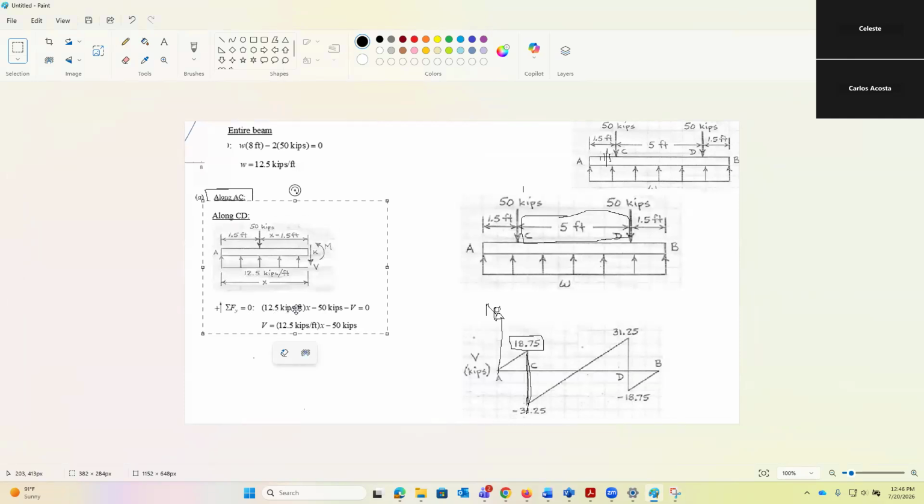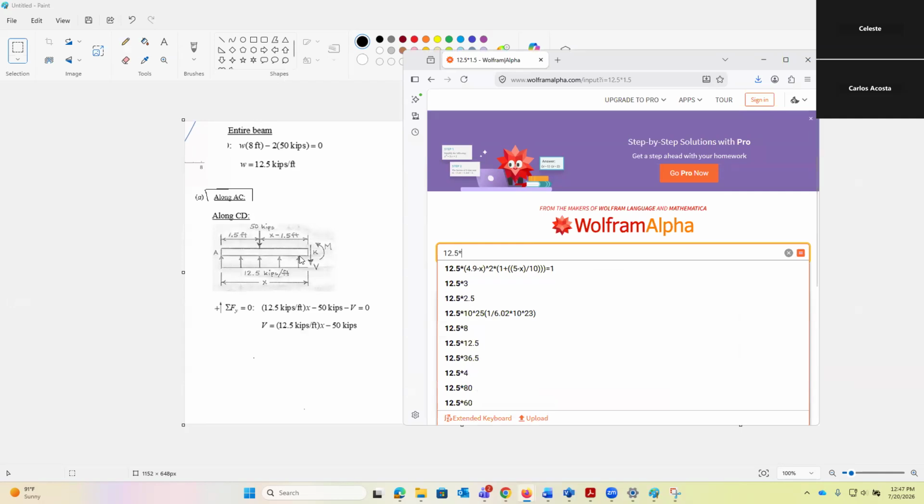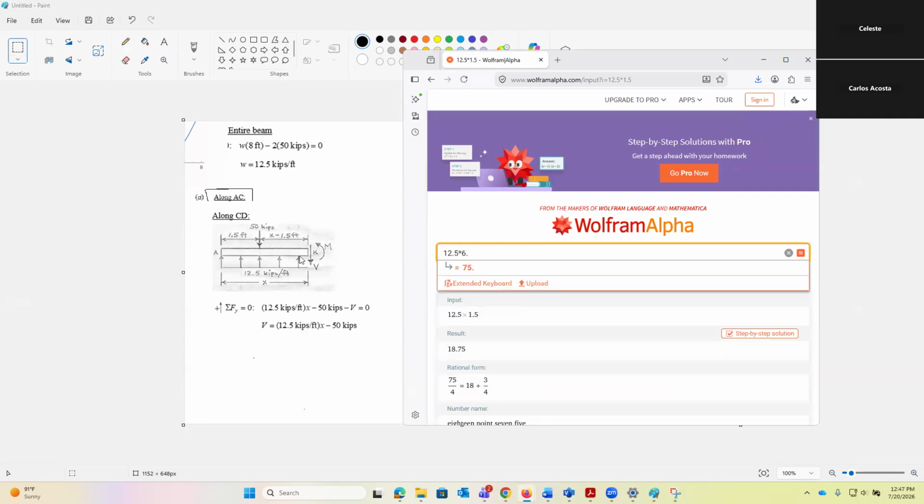It's 12.5, remember, this is the first part of it, minus 50 minus V. And then we solve for it, it's 12.5 times X minus 50. So what is this distance? 5 plus 1.5, 6.5. If you plug in 6.5, it will take us to 12.5 times 6.5 minus 50, which is 31.25.